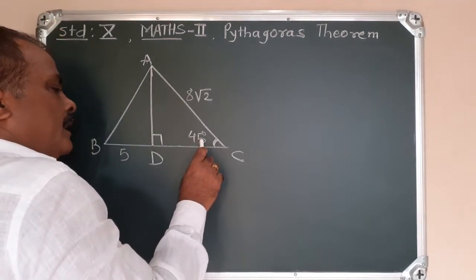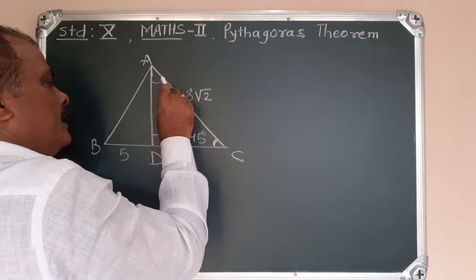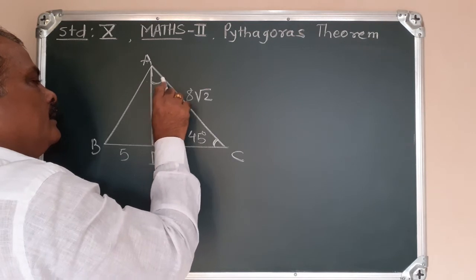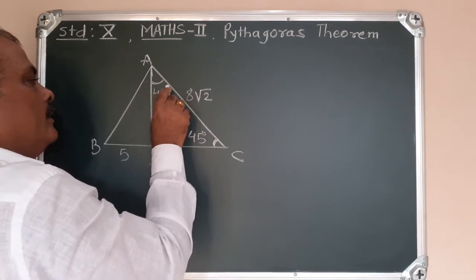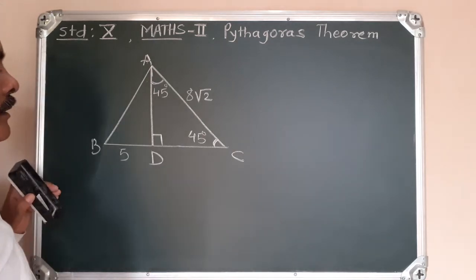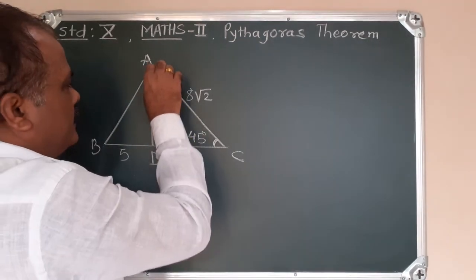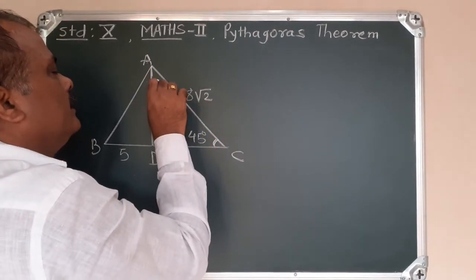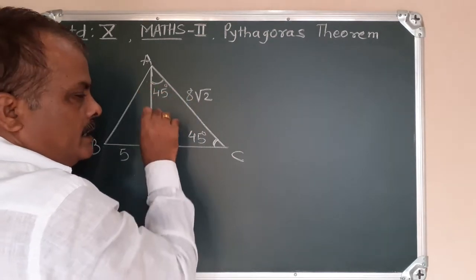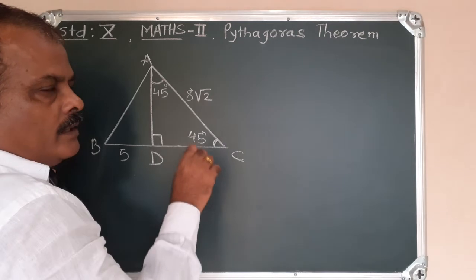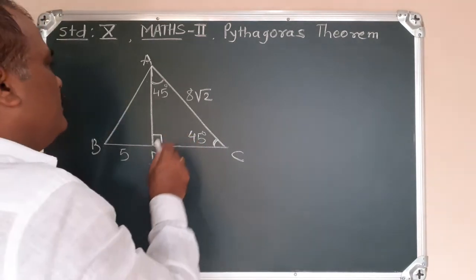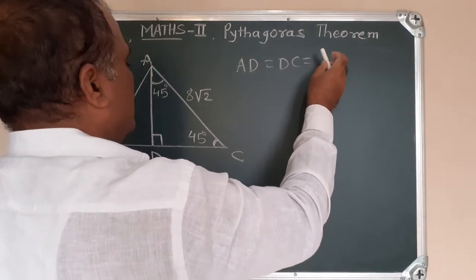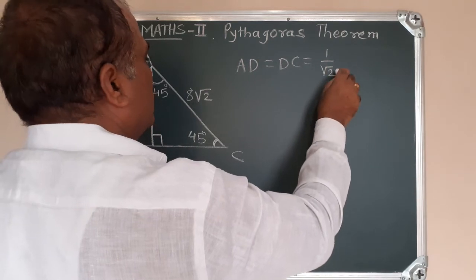If measure of this angle is 45 degree, then measure of this angle, that is angle DAC, is also 45 degree. Then we know that in a right angle triangle, if acute angles are of measure 45 degree and 45 degree, then each perpendicular side is 1 upon root 2 times hypotenuse. That means AD is equal to DC is equal to 1 upon root 2 times AC.